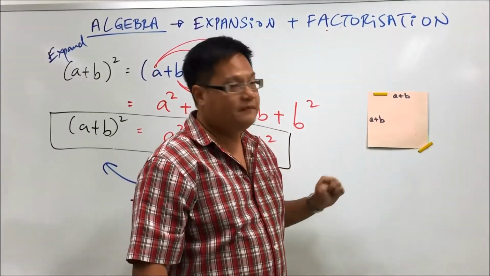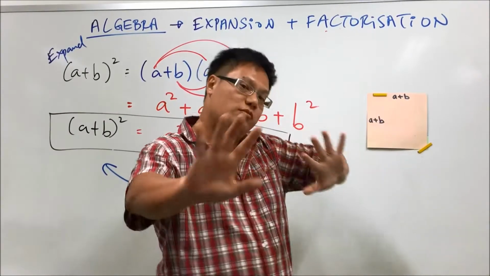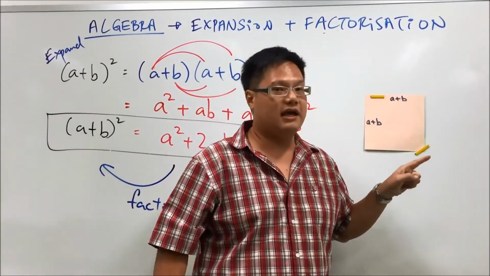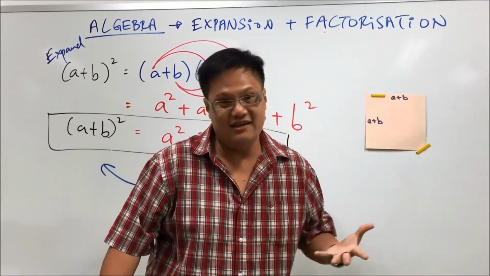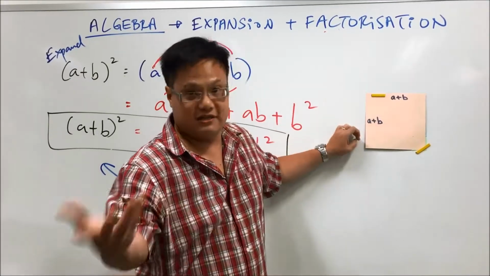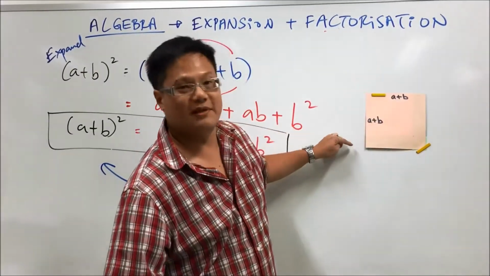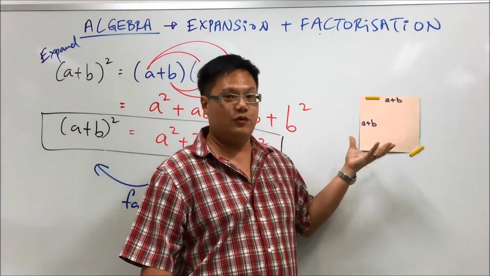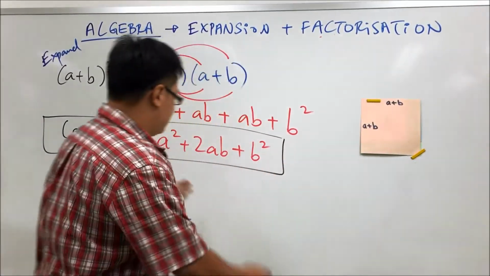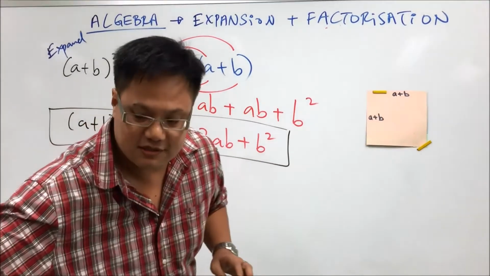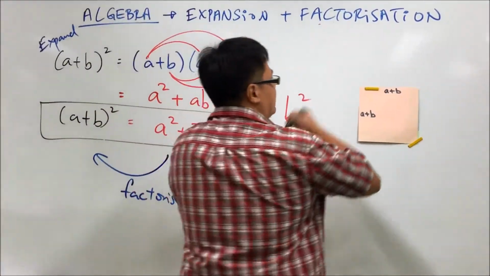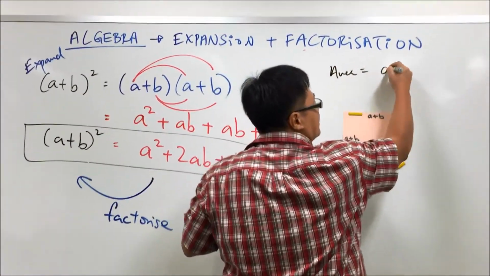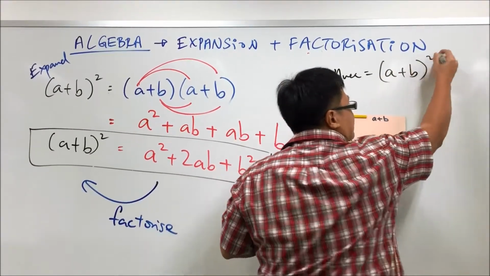This is a square, and I let the length be A plus B. Because it is a square, the other side is also A plus B, so the area of this square will be (A plus B) squared.